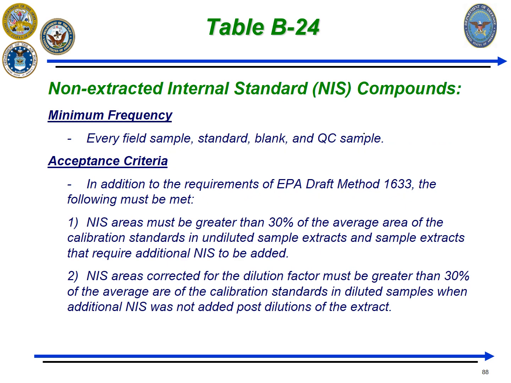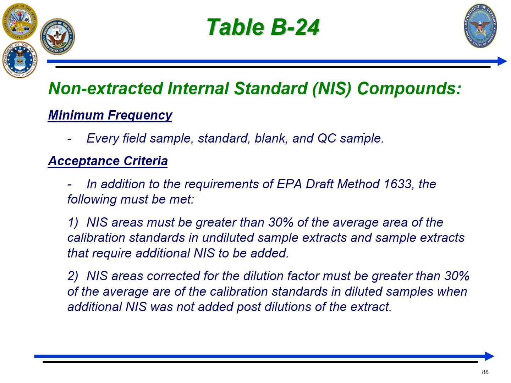With respect to NIS compound recoveries, the method really does not have any criteria for recovery at this point in time. So in Table B-24, we wanted to set up some guidelines for minimum recovery. We set that at 30%. So the NIS areas must be greater than 30%.